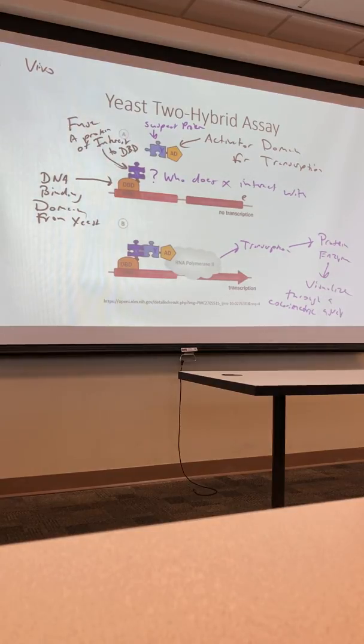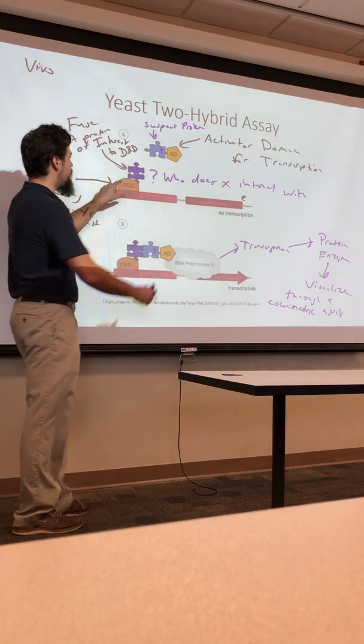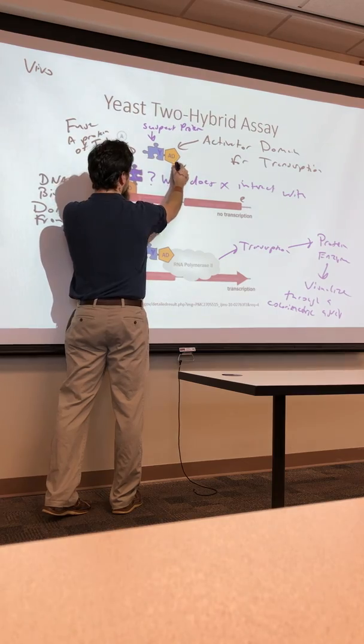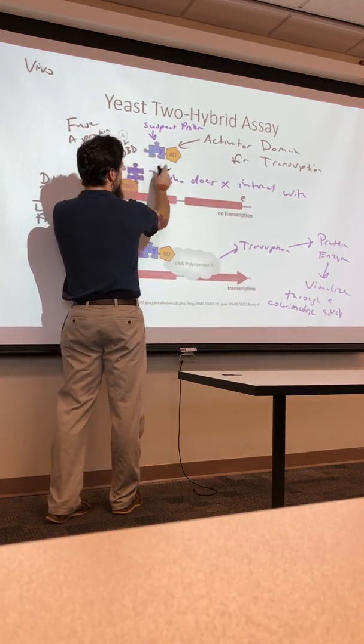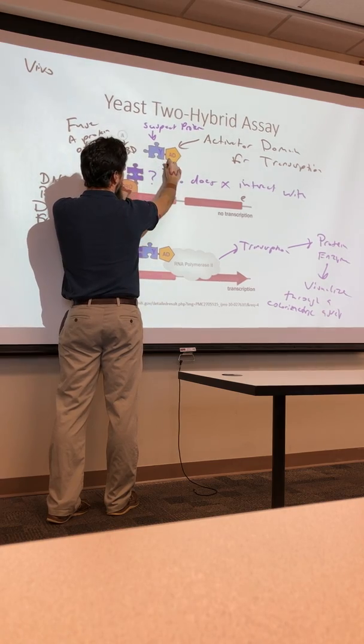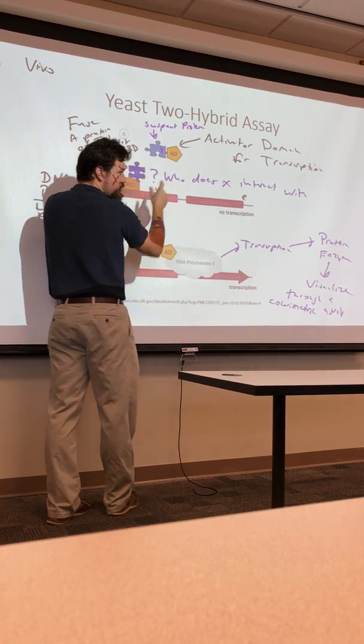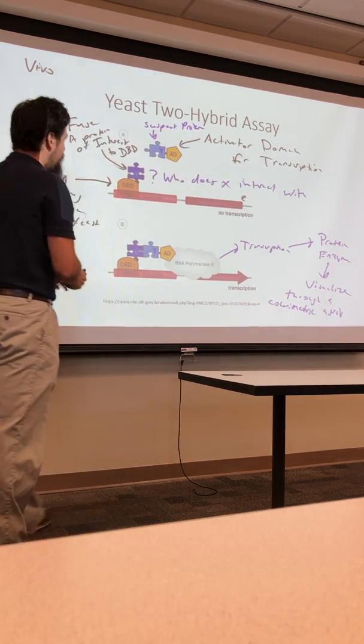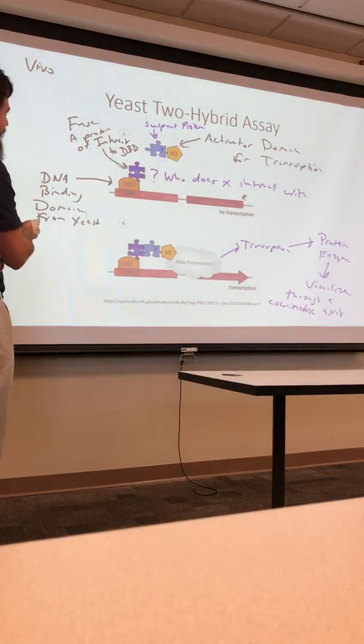So does this make sense? They've discovered in yeast that in order to have transcription, you need a DNA binding domain that comes into close proximity of an activator domain. We can actually split the genes for these apart and put other protein genes on them. One that we are baiting, and this is our prey.